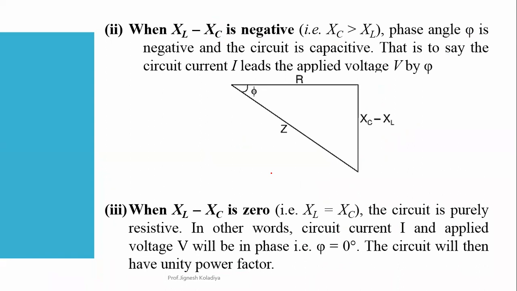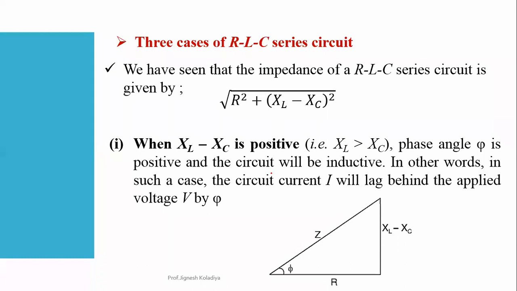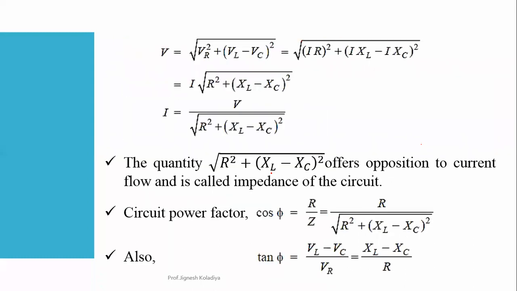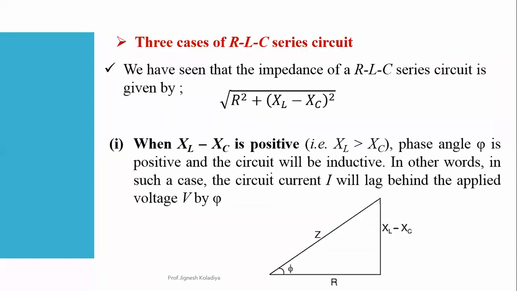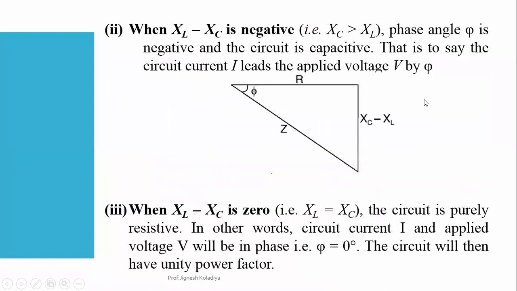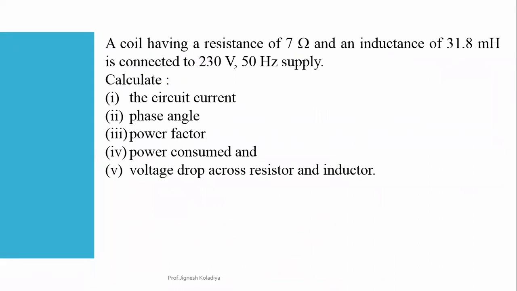So first of all, tell me, is there any doubt in all these three cases? No. Okay, fine. Then let us start with the numericals based on the topics we have discussed so far.